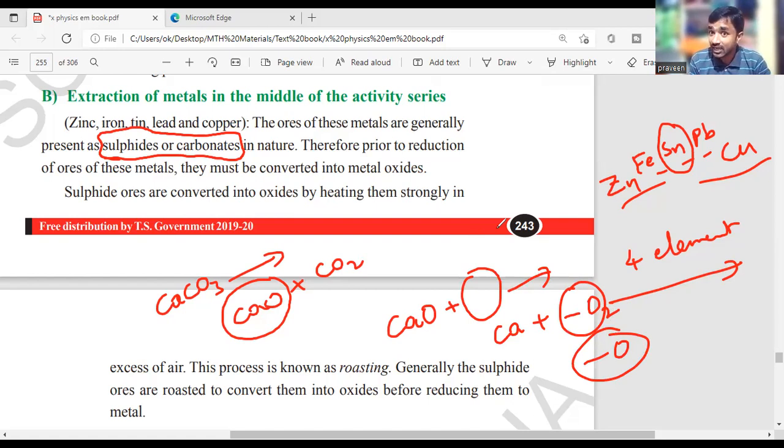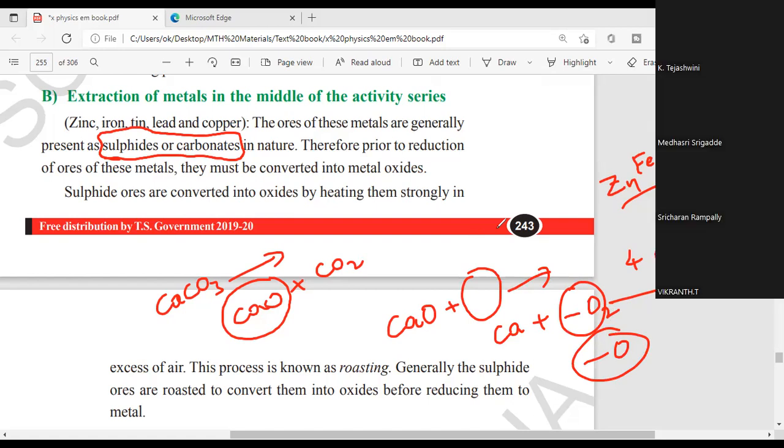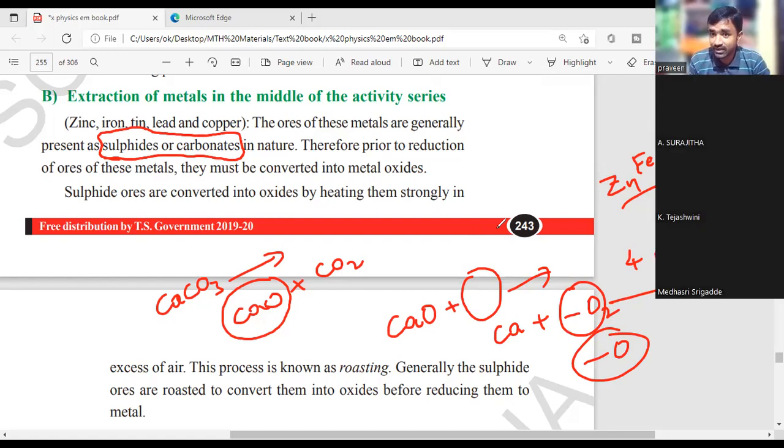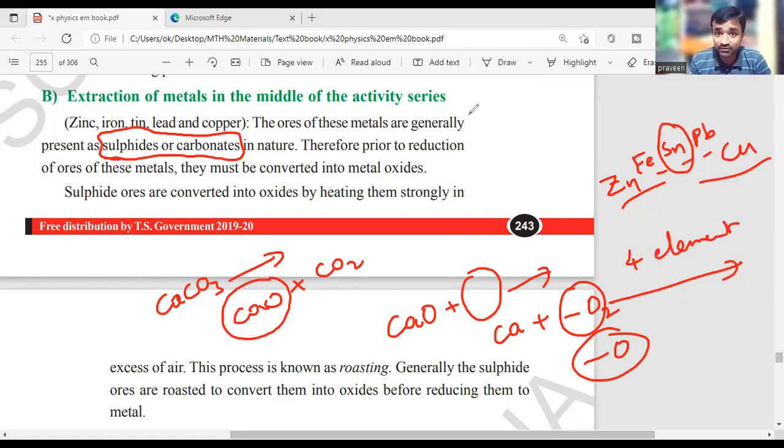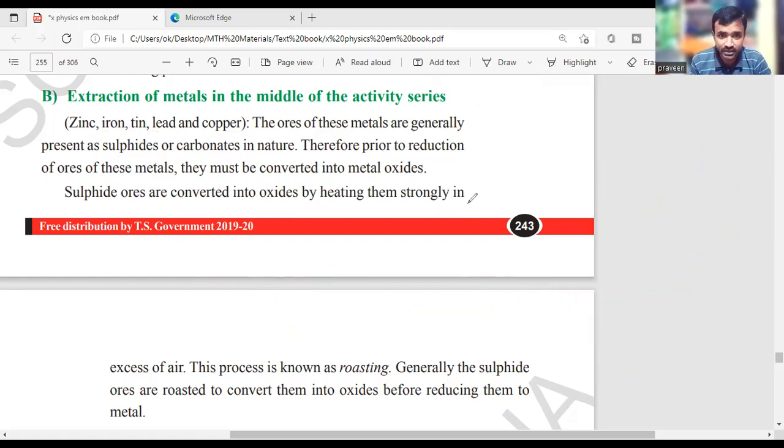Using the chemical reactions knowledge from 9th class, you are able to understand what methods are feasible here. Simple methods are enough to get crude metal from the ore for metals at moderate reactivity, in the middle of the reactivity series. So easily they can be converted.